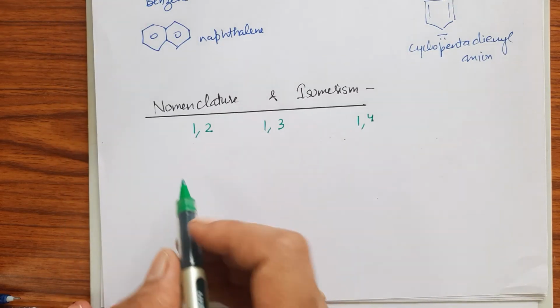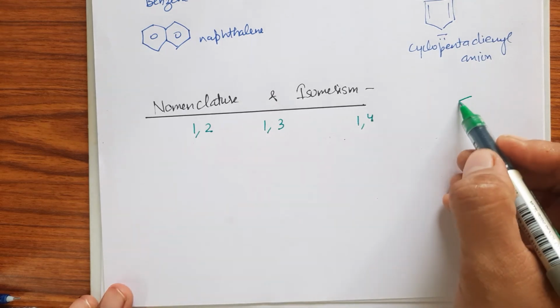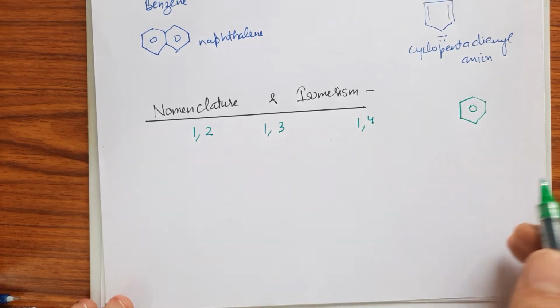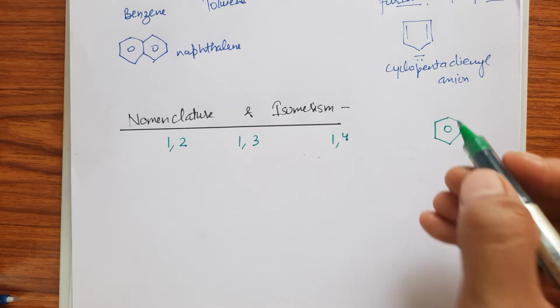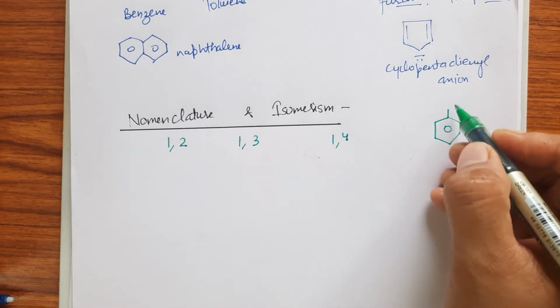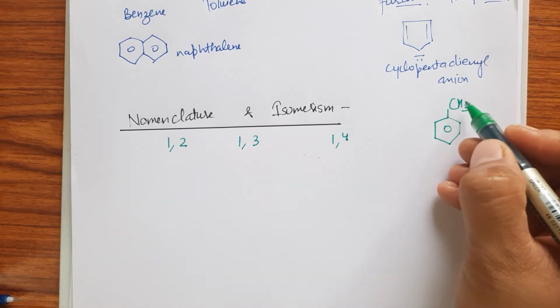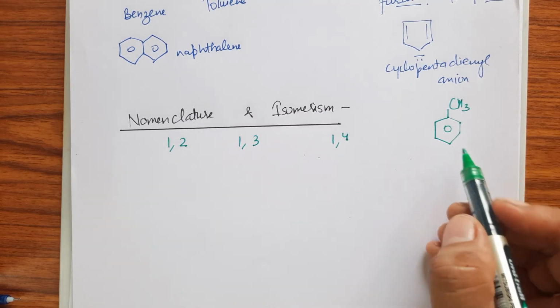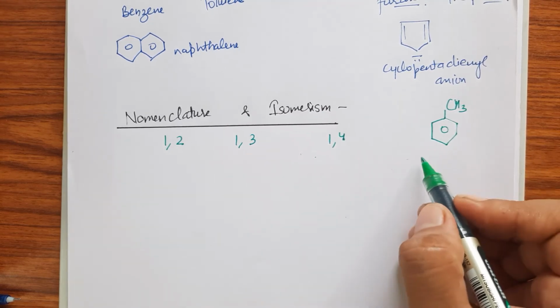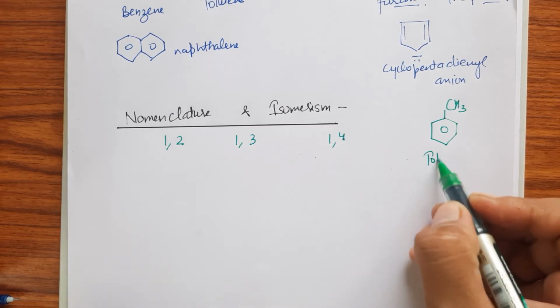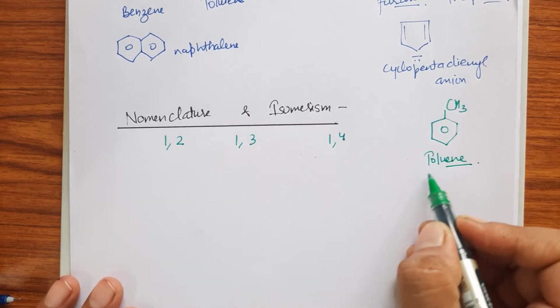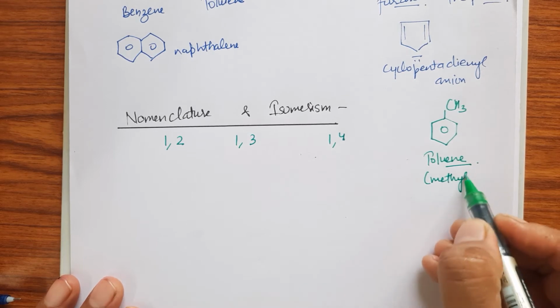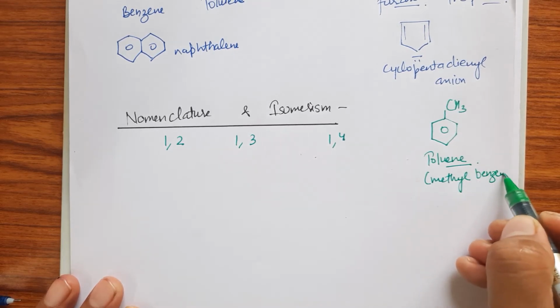So 1,2 position means, like I have this one, this is benzene, right? If we do the substitution reaction with the methyl group, then I replace one hydrogen with the methyl group, this is the toluene, right? And this is the mono substituted product. You can write toluene or methyl benzene also as the name of this compound, right?